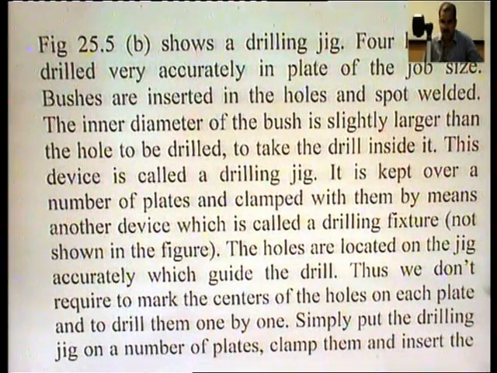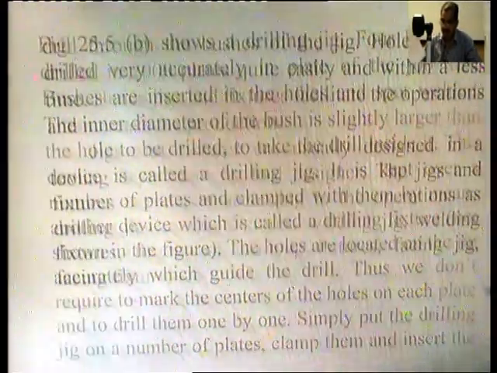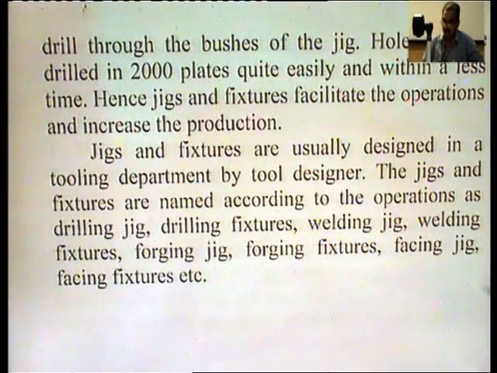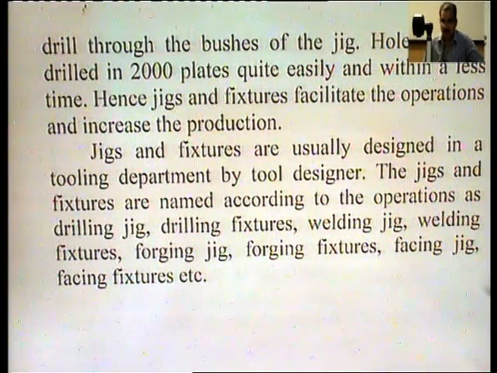Simply put the drilling jig on a number of plates, clamp them and insert the drill through the bushes of the jig. Holes can be drilled in 2000 plates quite easily and within less time. Hence, jigs and fixtures facilitate the operation and increase the production.